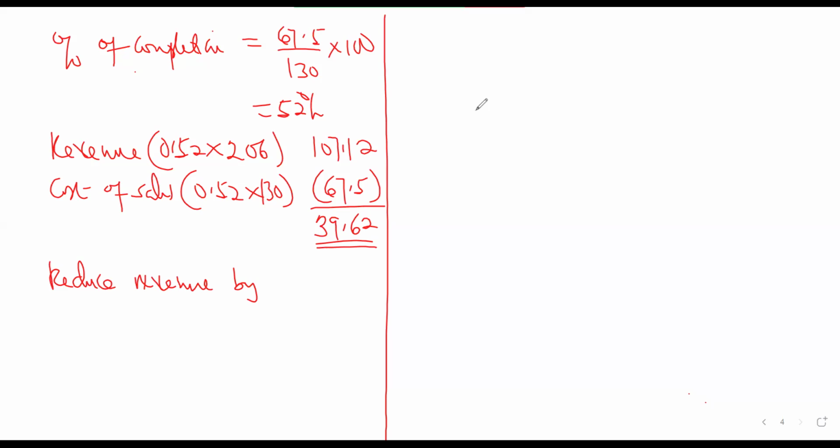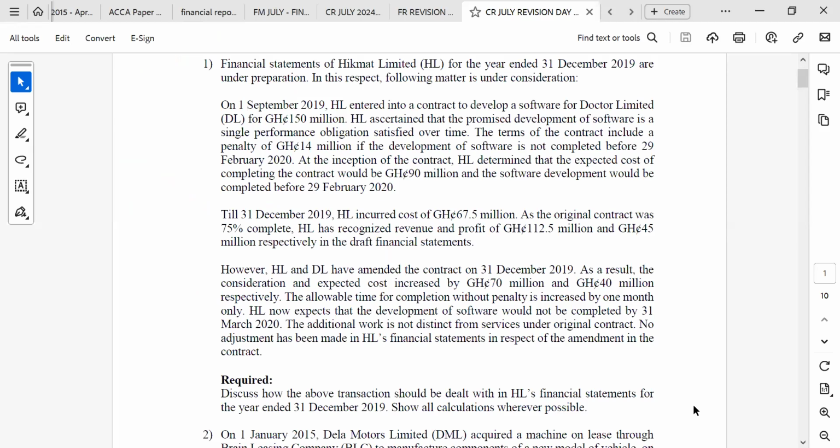Okay. So reduce the revenue by 5.38. So you can put your 5.38 in the bracket, how it has been calculated. We don't have any information about contract assets, but we do it as if they have also recognized what we call contract assets.